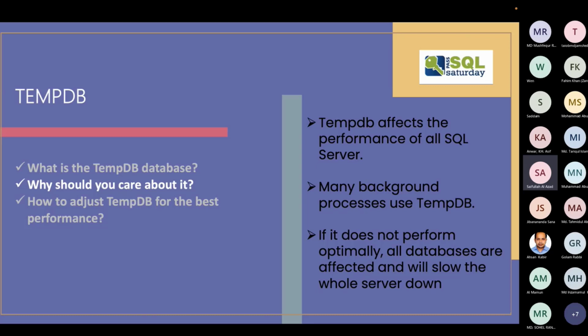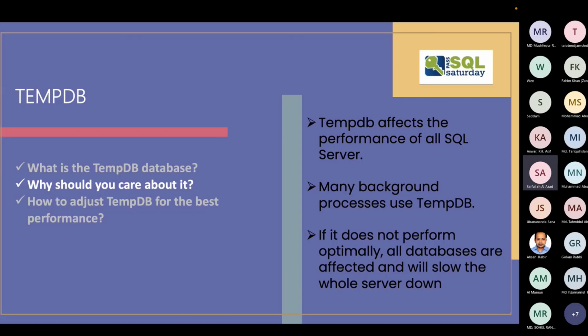That means in your SQL Server, all types of operations are affected by TempDB. All temporary work is done by the temp table. It's a system-defined database, but it's affected by all types of your database operations. Temporary work is affected on this table.